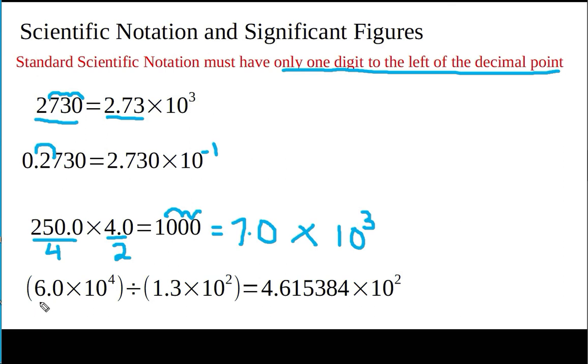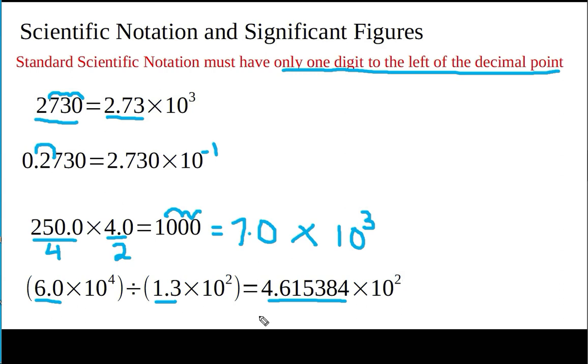Here we have division, so we divide these first, and I did the division in my calculator and I got this. And then now you deal with these ones. So we have 10 raised to 4 divided by 10 raised to 2. We subtract the exponents, so we get 10 raised to 2.